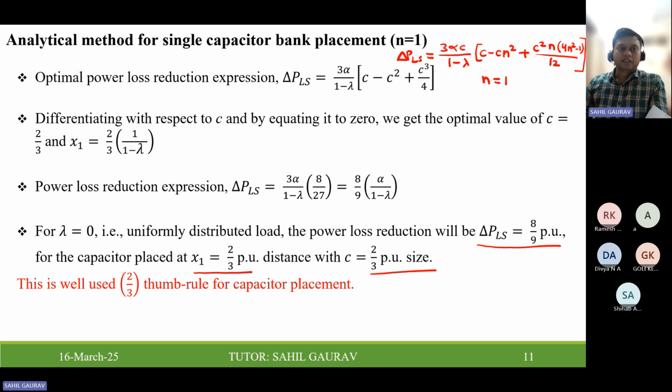So if you substitute C equal to 2/3 in this expression, C minus C square plus CQ upon 4, if we substitute 2/3, then 2/3 minus 4 upon 9, and it is CQ. So 8 upon 27 into 24.